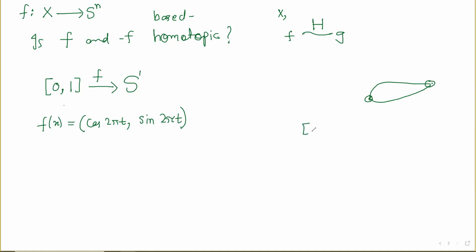So let me see if this is similar. Path homotopic means you would have a map from here to here, and at all times these two are fixed. Let me just say path homotopic. But this only makes sense if you have the interval, but this is sufficient for us. So we will not say based homotopy right now, but let's say path homotopic.